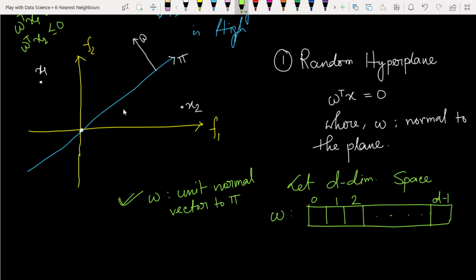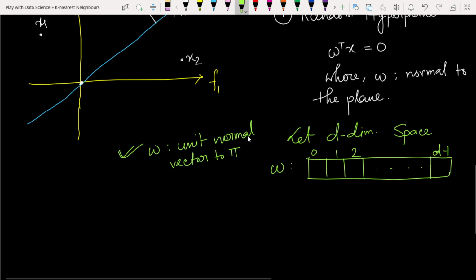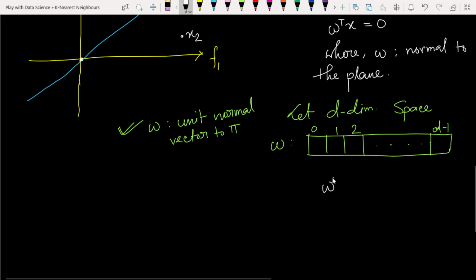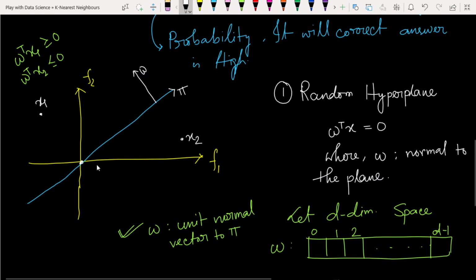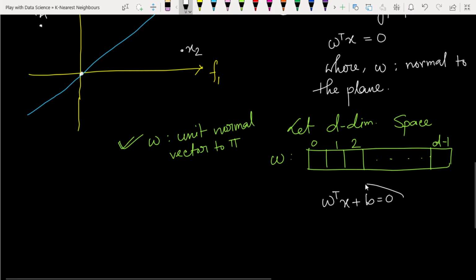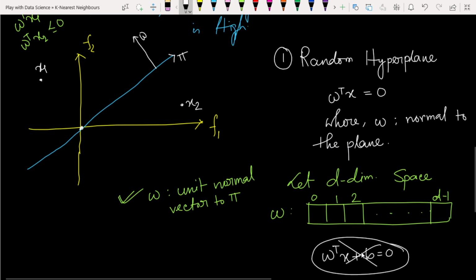Okay, if we consider this plane for ease of simplicity, we have considered this line passing through our origin. If it is not passing through the origin, in such cases the hyperplane will look different, and b is not equal to 0. Here b is the intercept term to our axis. Just for simplicity of our calculations, we have omitted this; we have not taken this kind of situation.